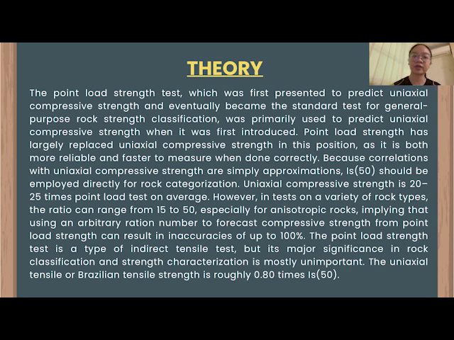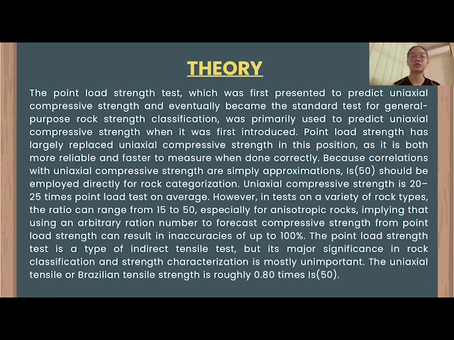Uniaxial compressive strength is 20 to 25 times the point load strength on average. However, in tests on a variety of rock types, the ratio can range from 15 to 50, especially for anisotropic rocks, implying that using an arbitrary ratio number to forecast compressive strength from point load strength can result in inaccuracies of up to 100%.